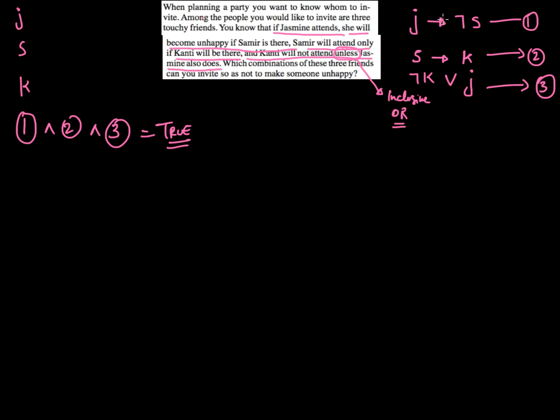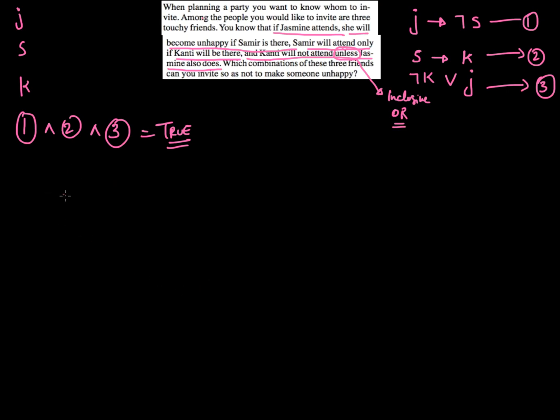We want to make sure that 1, 2, and 3 are completely satisfied. And if I can figure out the appropriate values for J, S, and K, then I know which combination can be chosen and which of these people can be invited to the party.